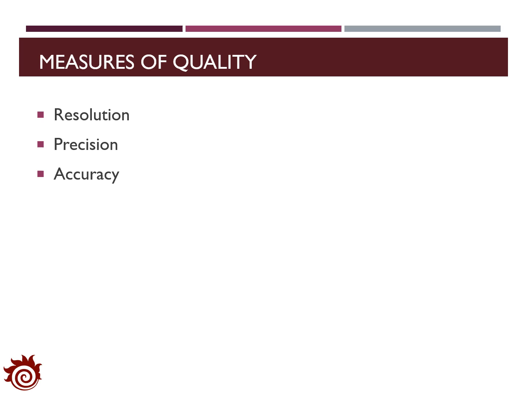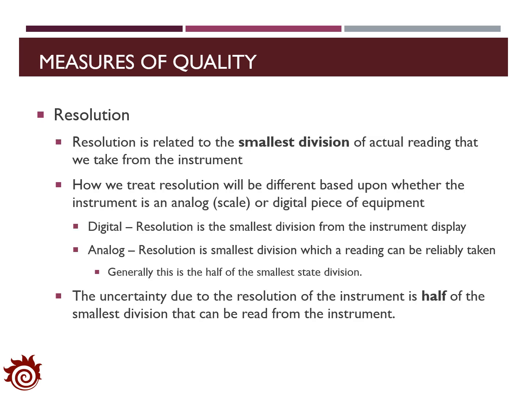The next thing we need to think about is the quality of the observations. In general, the quality is measured by 3 variables: resolution, precision, and accuracy. First, for resolution, it's related to the smallest division of the actual reading that we can take from the instrument. That means it's the feature of the instrument.